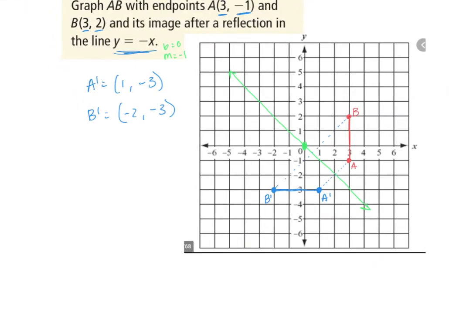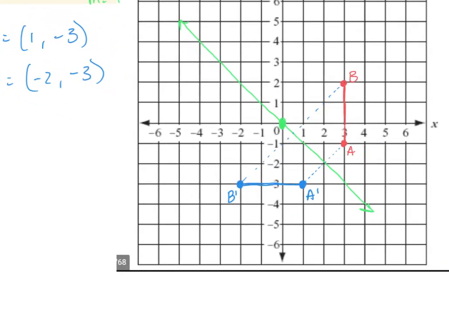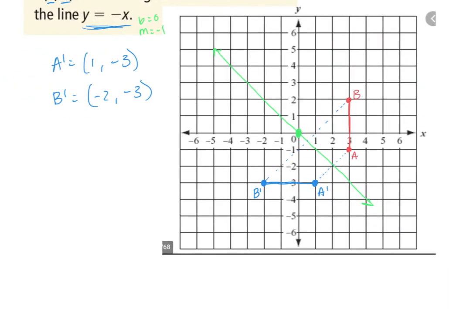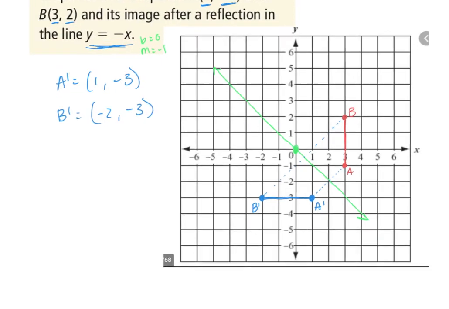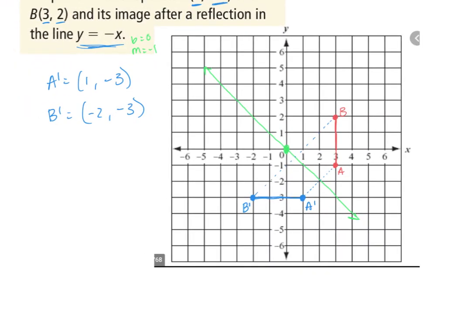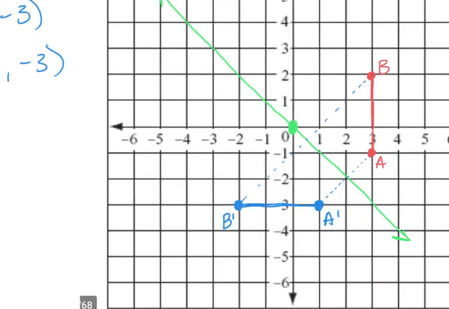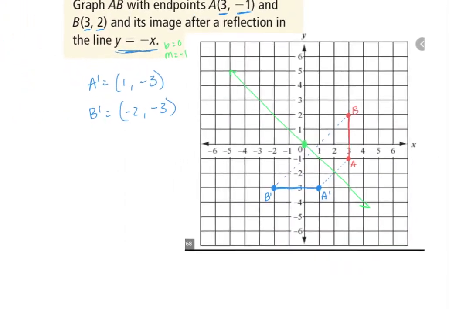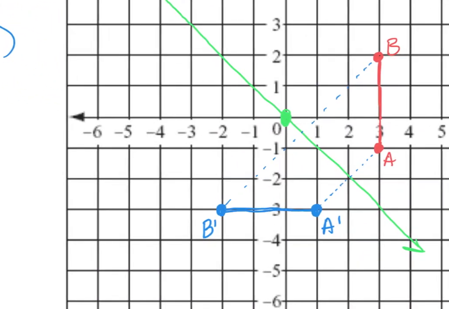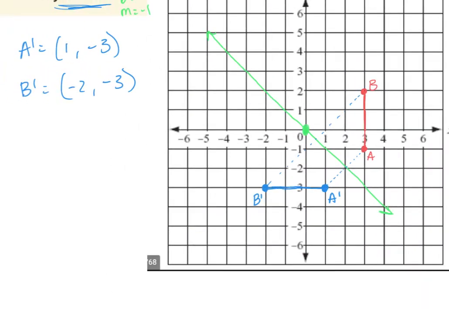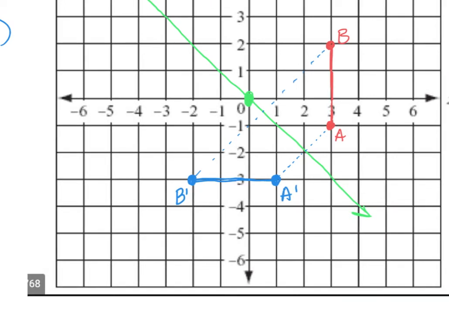So you could find the slope of B prime B and make sure that it is 1, because the slope of our original line of reflection is -1. So the slope of our perpendicular bisector, or the line segment that's perpendicular bisected by that, should be 1, right? Because it's perpendicular.